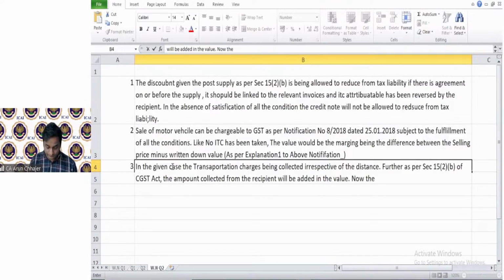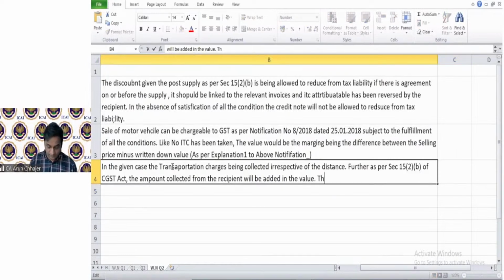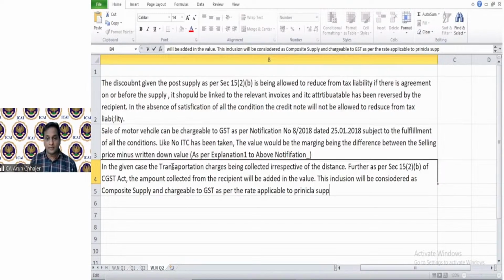Now this inclusion will be considered as composite supply and chargeable to GST as per the rate applicable to principal supply as per section 8 of CGST Act.